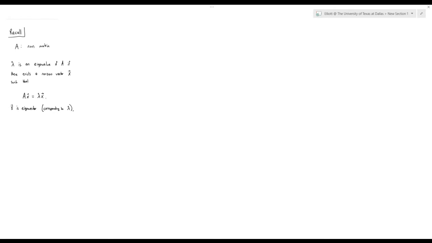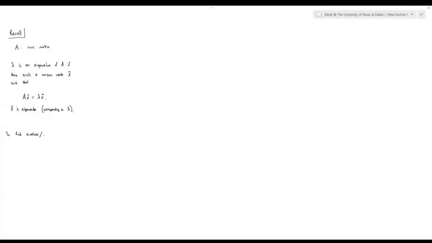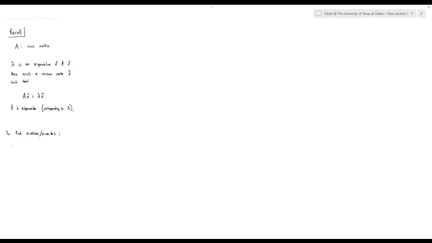We talked about how to calculate eigenvalues and eigenvectors last time, so I'll just remind you what the procedure was. The first thing you're going to do is calculate the eigenvalues.